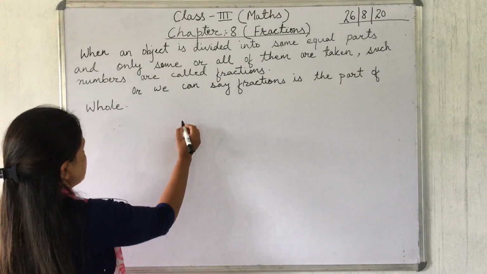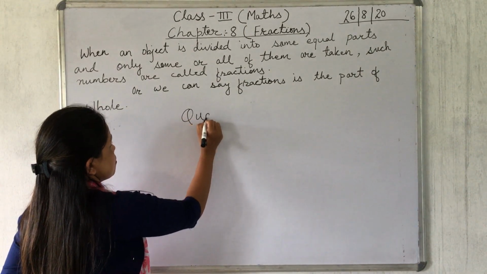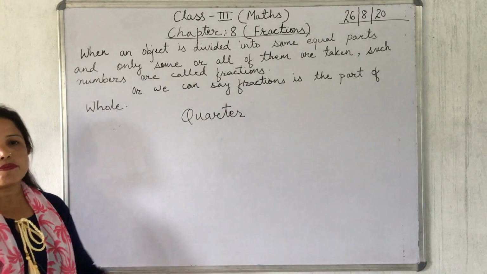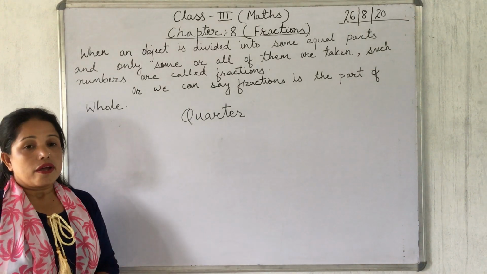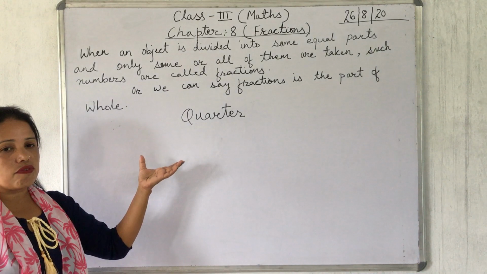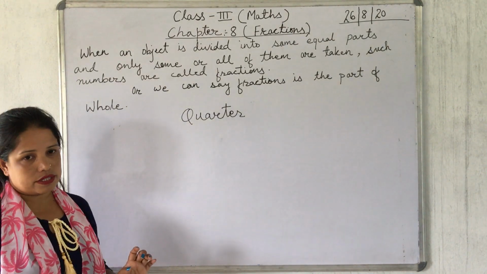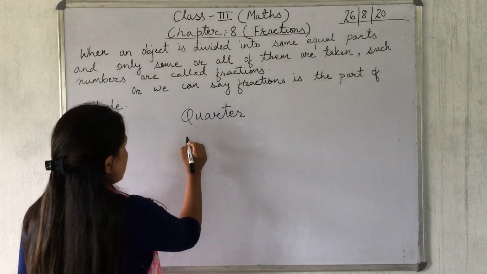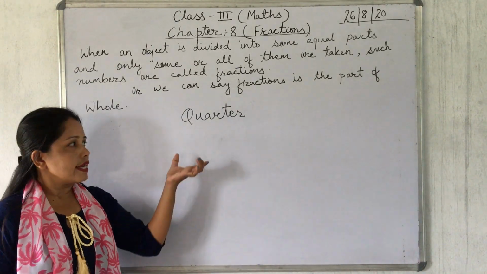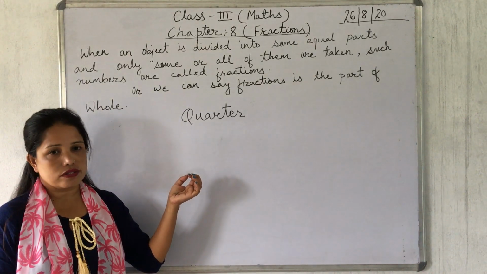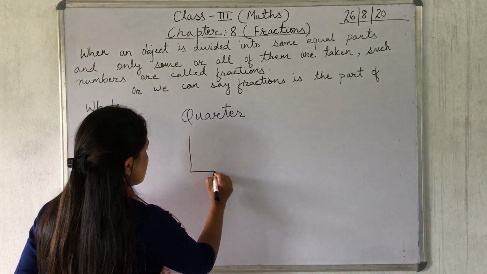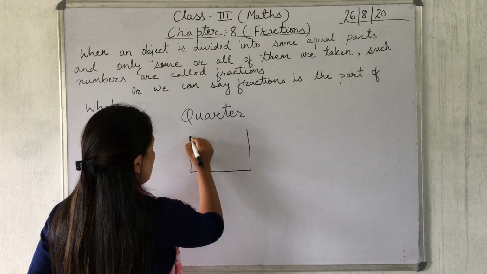Next one is quarter. Let me clear what is a quarter. When an object is divided into 4 equal parts, each part is called a quarter. For example, look here. This is an object.